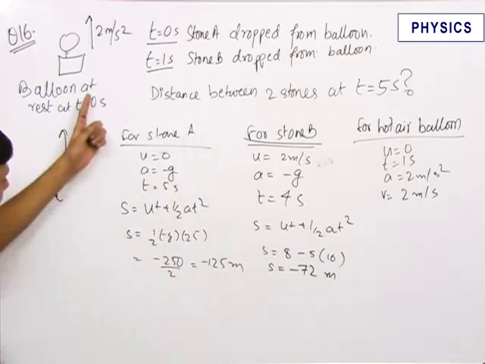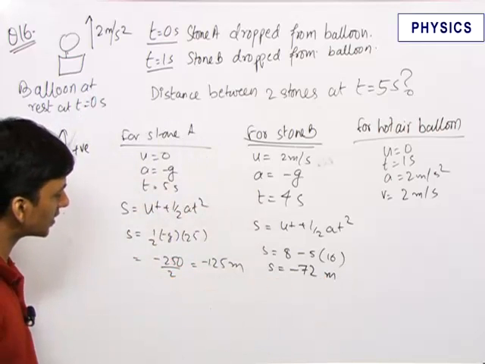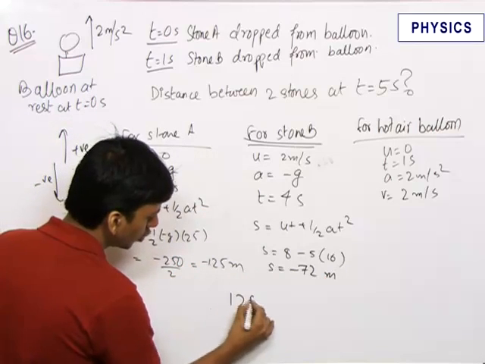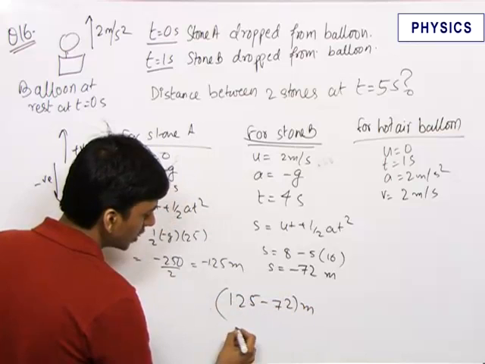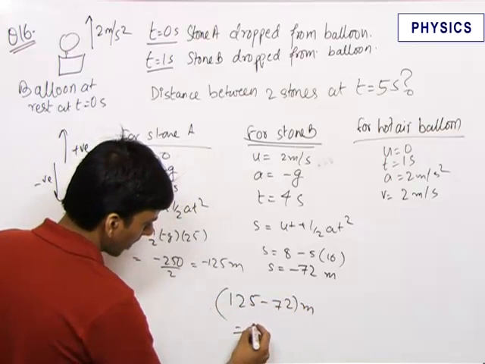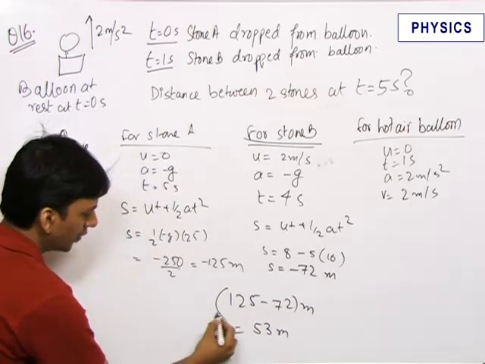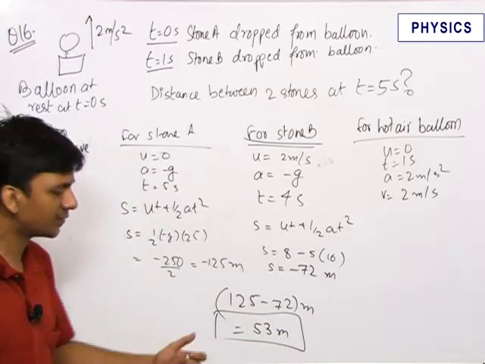So the displacement of the first stone is minus 125 meters, whereas the displacement of the second stone is minus 72 meters. So the distance between the two stones comes out to be 125 minus 72 meters, that is equal to 53 meters. So the final answer for the distance between the two stones after t equal to 5 seconds is 53 meters.